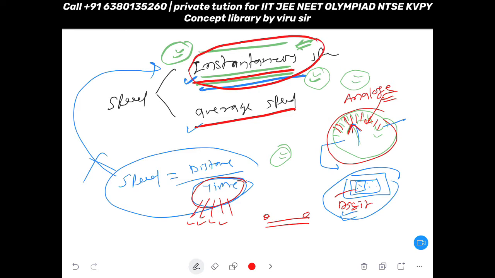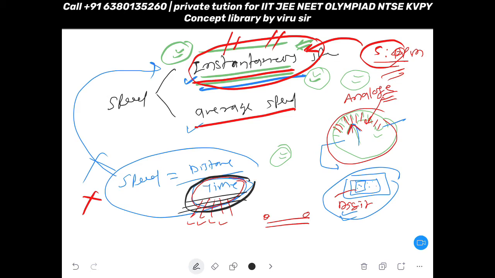Instantaneous speed means you have to talk about a particular time. Like right now it is 5:48 p.m. So exactly at 5:48 p.m., what was the speed? That speed is known as instantaneous speed. You cannot find that by this formula, because in this formula, the time is not a particular time. It is a time duration, a time gap.